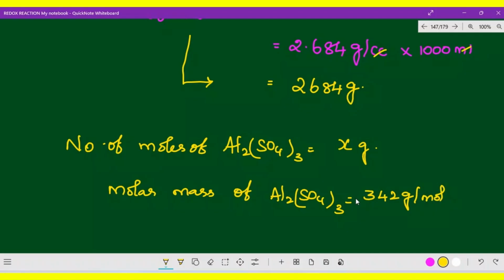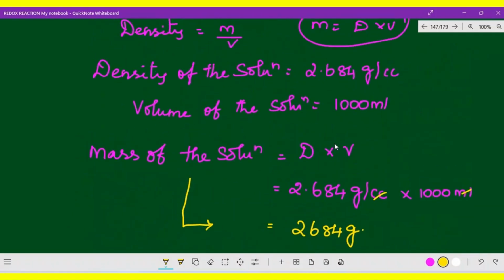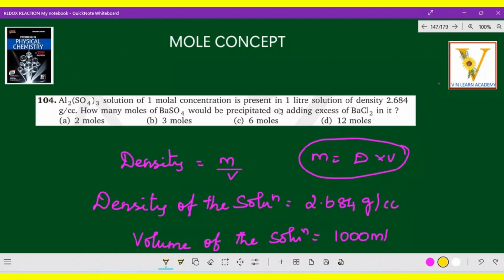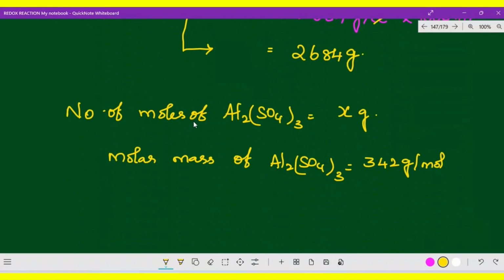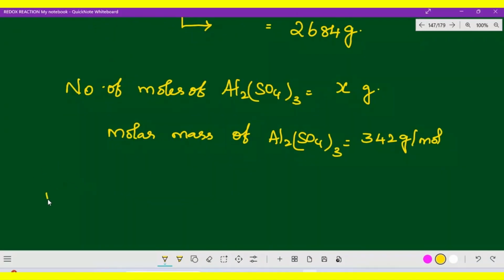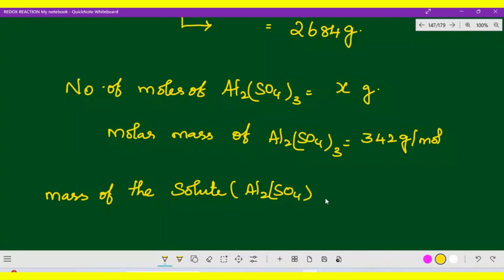Now, the mass of solute. The mass of solute was not provided in the question, so we have to identify that. So how do we identify the mass of the solute, Al2(SO4)3?